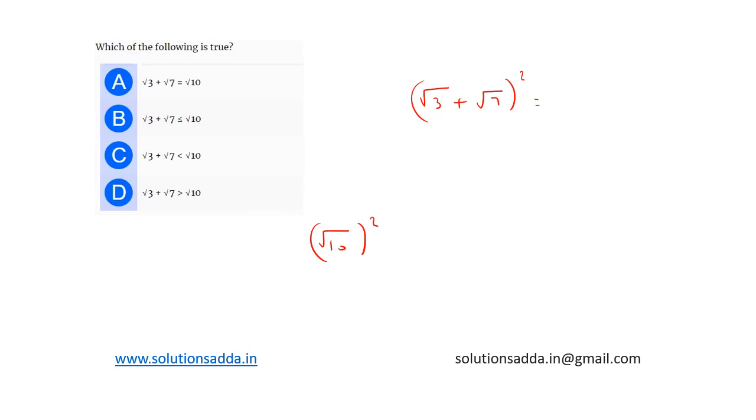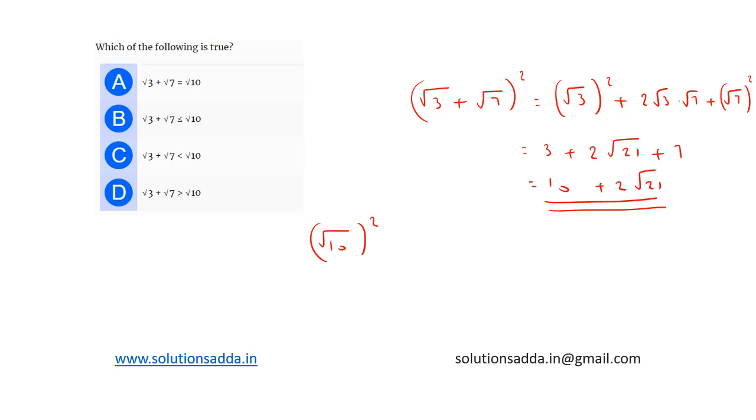So we can write it as root 3 the whole square plus 2 into root 3 into root 7 plus root 7 the whole square. This is equal to 3 plus 2 root 21 plus 7, which is equal to 10 plus 2 root 21.